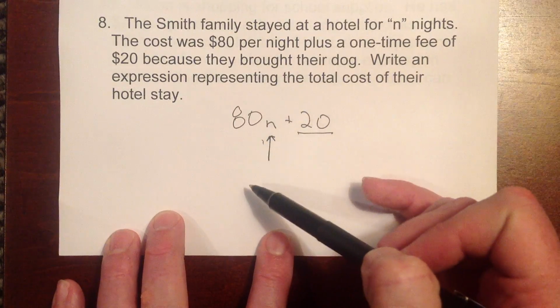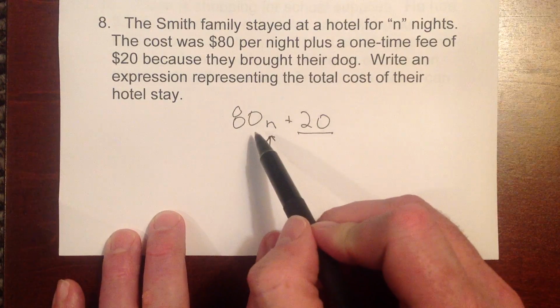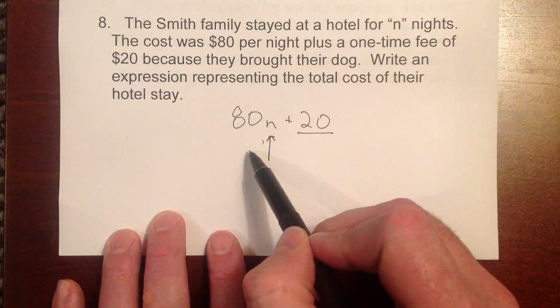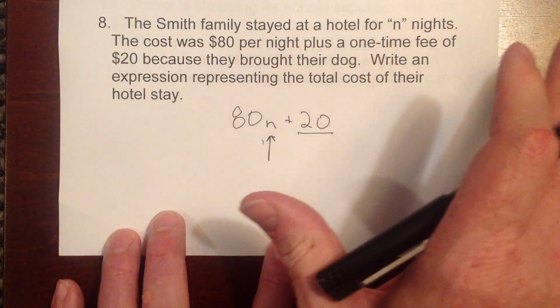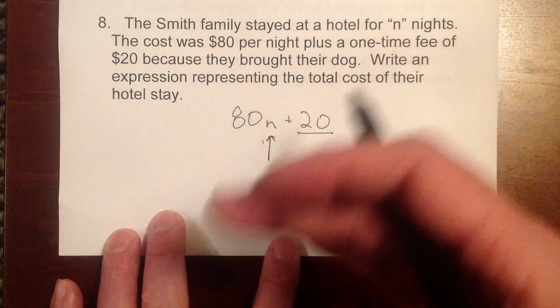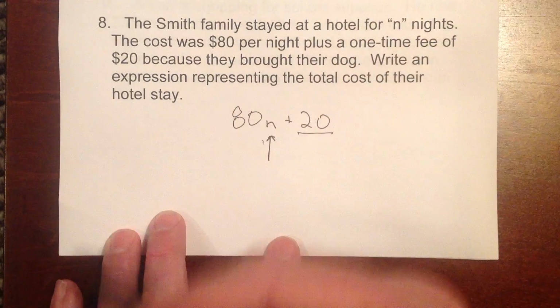It said a one-time fee of $20 plus $80 a night. Now this is a perfect example of a linear expression where we have a constant here, which means no matter what, we're going to pay $20. It's kind of like the situation I've talked about in class. A plumber charges you, for example, $100 to come out to your house.